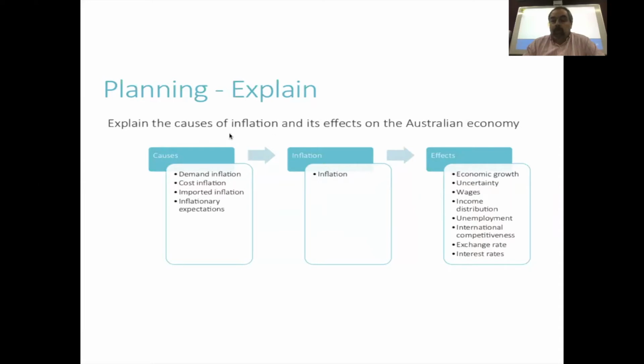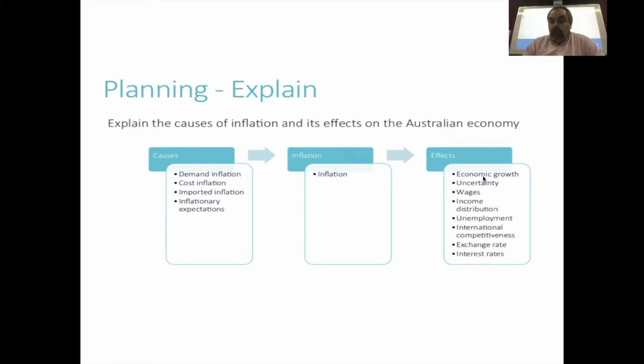Okay. So the question's asking you to explain. Explain is looking at the how and the why, or the cause and the effect, which you can see is already in the question. So when I'm reading your answer, I would imagine I'm reading about the types and the causes of inflation and the effects of that.